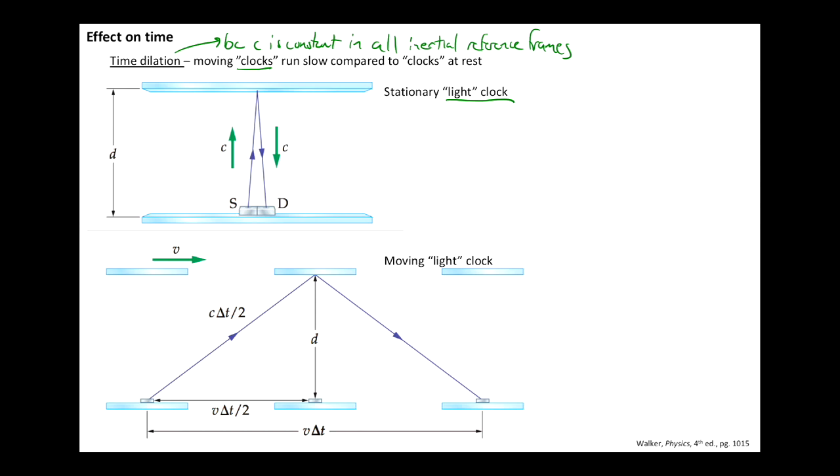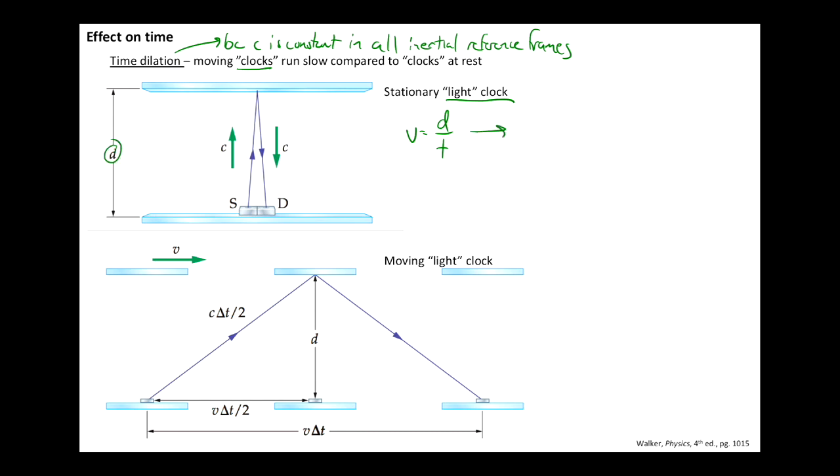Now, based on the speed of light and our velocity equation, velocity is distance over time, if we wanted to calculate how much time this takes so we could build our clock to get the exact right distance, well, let's see. How much distance does it have to cover to go up and back down? It looks like they're saying d is 1 trip up.